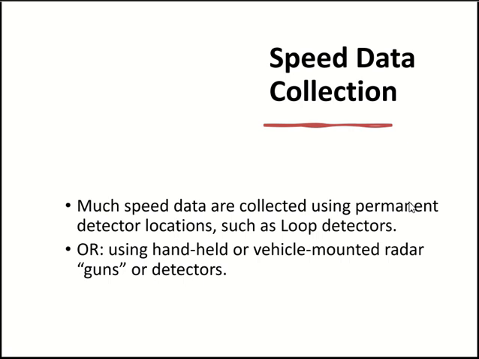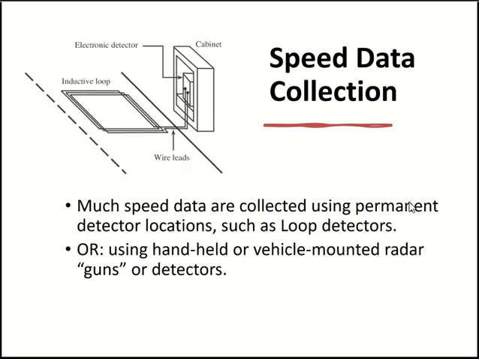Okay, we can collect speed data using handheld devices. I am talking about spot speed data, remember. So you can use some devices which are handheld, portable, or you can use some devices which are permanently installed on the road. A device which is permanently installed on the road is called a loop detector, one of the devices which you can install on the road for speed.